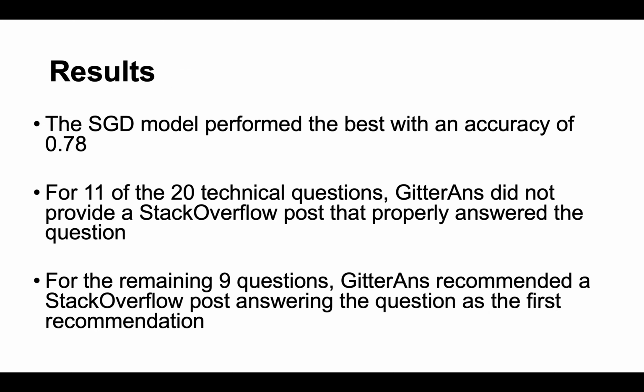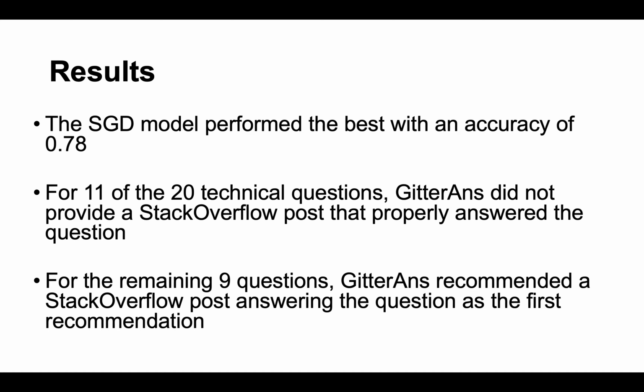In our results for the search for answers framework, we have some mixed results. First, we found that for 11 of the 20 technical questions in our preliminary study, GitterAns was not able to provide a Stack Overflow post that properly answered the question within the top 3 results.